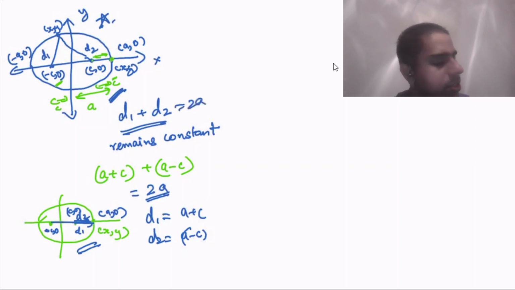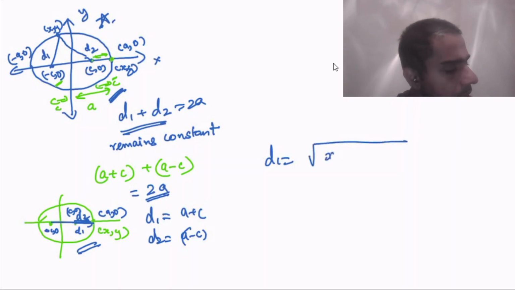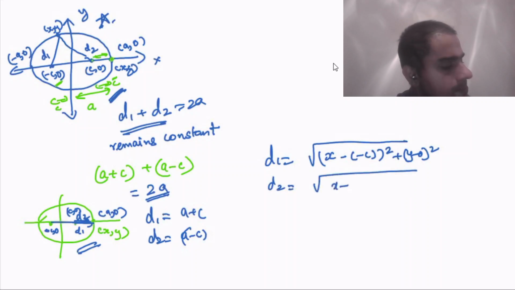We have found that d1 plus d2 equals 2a, and d1 is given by the distance between two points, which we covered in the previous bridge course. d1 is the square root of x minus minus c the whole square plus y minus 0 the whole square, and d2 is the square root of x minus c the whole square plus y minus 0 the whole square, and d1 plus d2 is given as 2a.